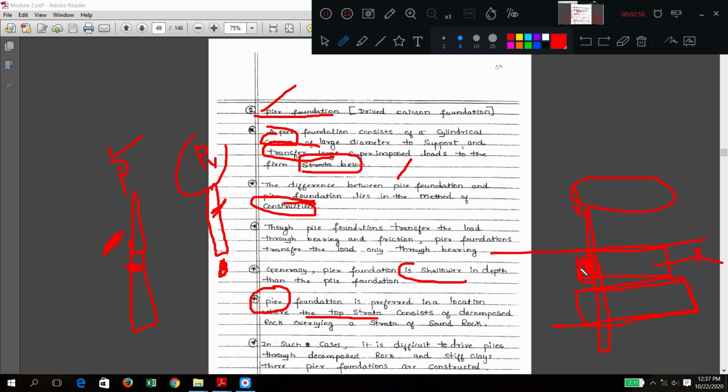In those cases, pile driving will be difficult. For that reason only, drilled caissons are preferred. Wherever pile foundation is not possible for the first layer, which is decomposed rock, they shift to pier foundation.